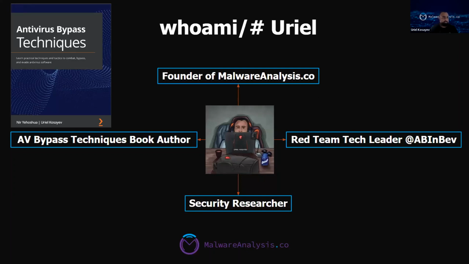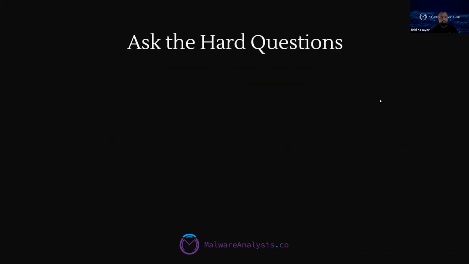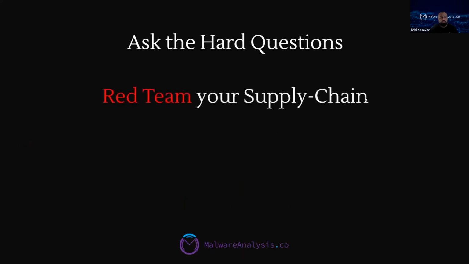I'm also the author of the Antivirus Bypass Techniques book, which presents how to research and find detections, flaws and vulnerabilities in antivirus and EDRs, and of course, how to improve their security controls. I'm also the red team tech leader at AB InBev, which is basically the largest beer company in the world.